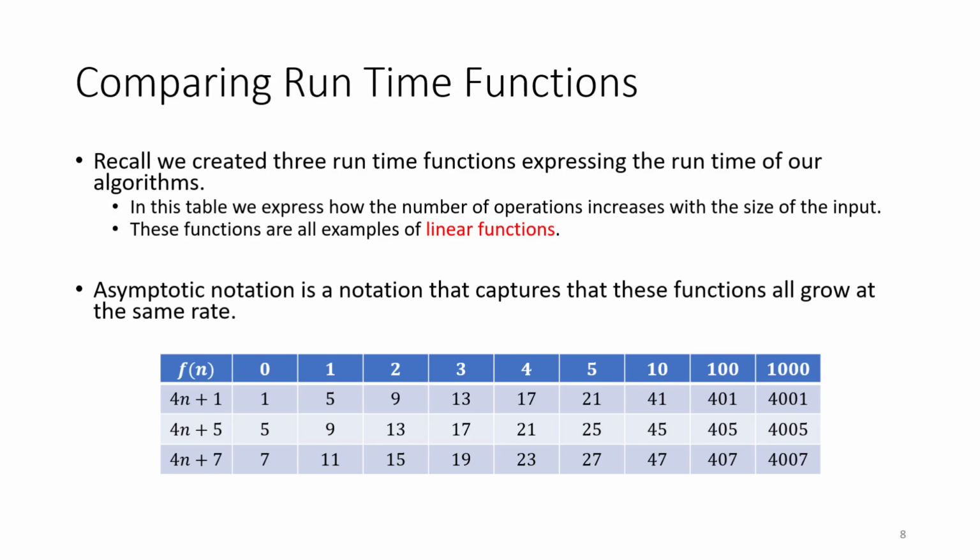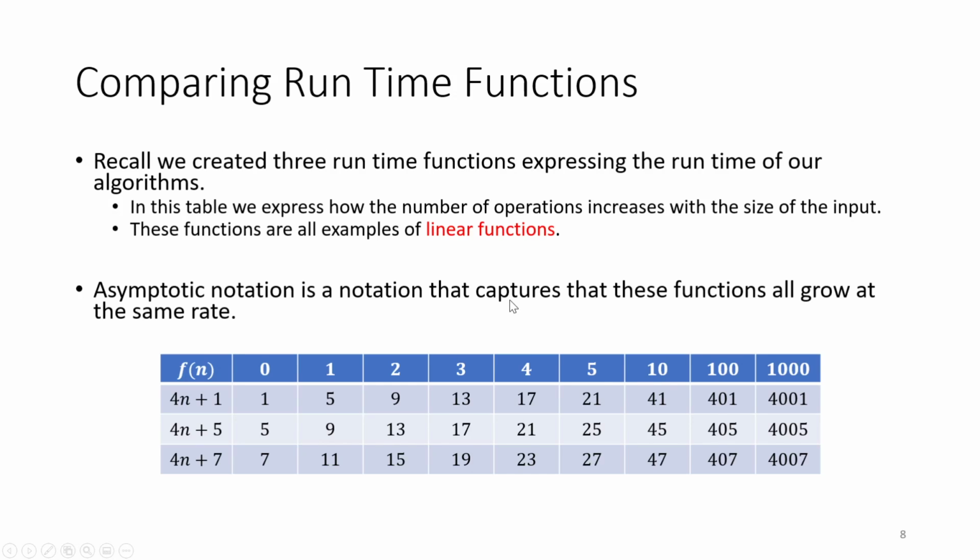Even 4,000 or 4,000,000 starts becoming negligible, meaning that for any additive constant that we add on the end here, we can find some n that's large enough that makes that constant seem very, very small.